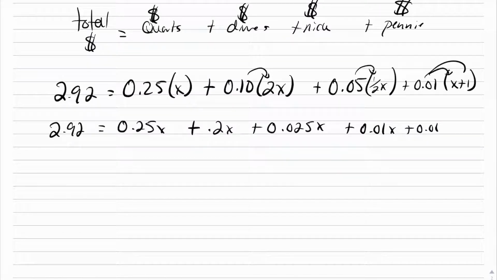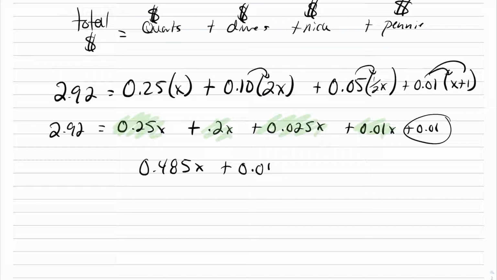So we can combine all of our X's. And again, it's okay to use a calculator to make sure you don't mess up the decimal. That gives me a total of 0.485X. And then we have this plus 1 cent at the end.